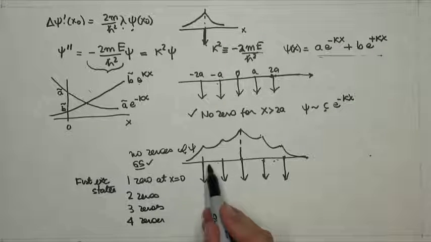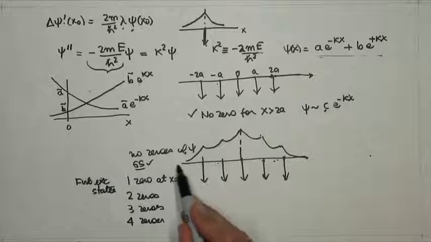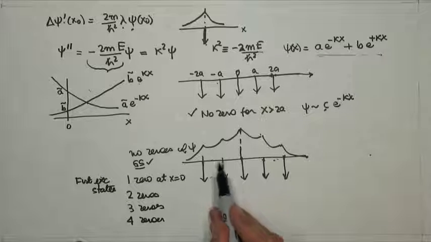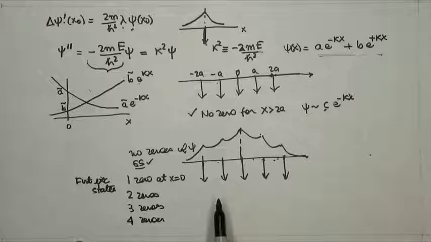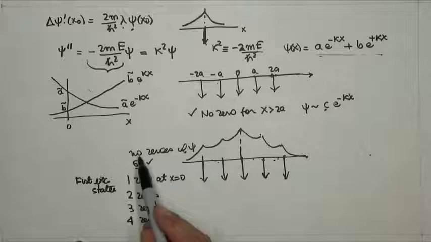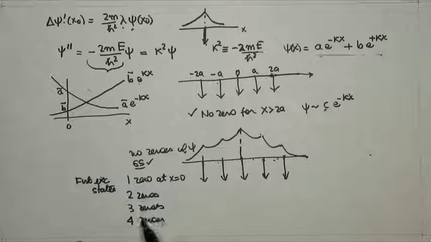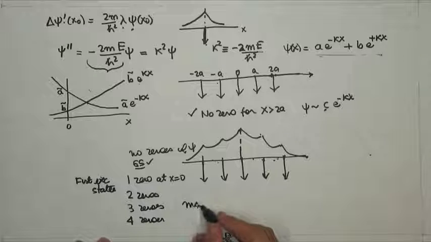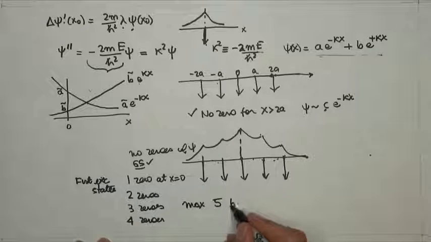You cannot have a zero beyond the last delta function, so it would have to be here, here, here, and here. These are the possible zeros of the wave function, and therefore you have from no zeros to 4 zeros, so there's a maximum of 5 bound states.